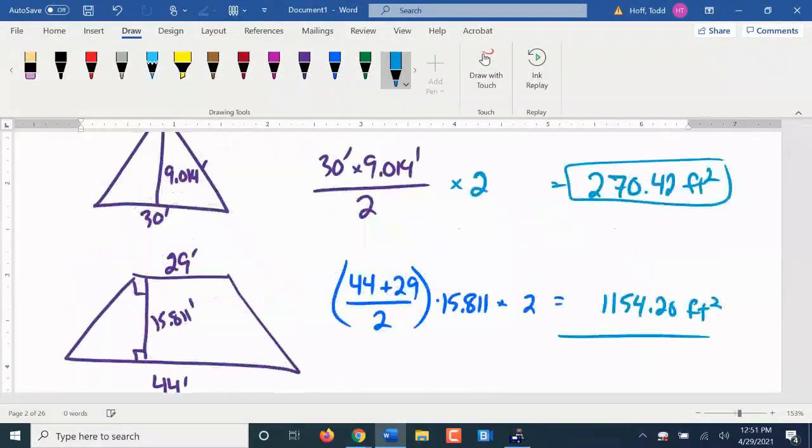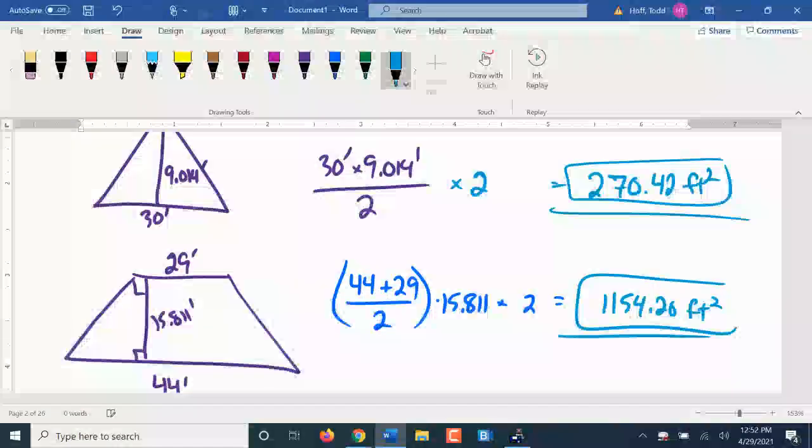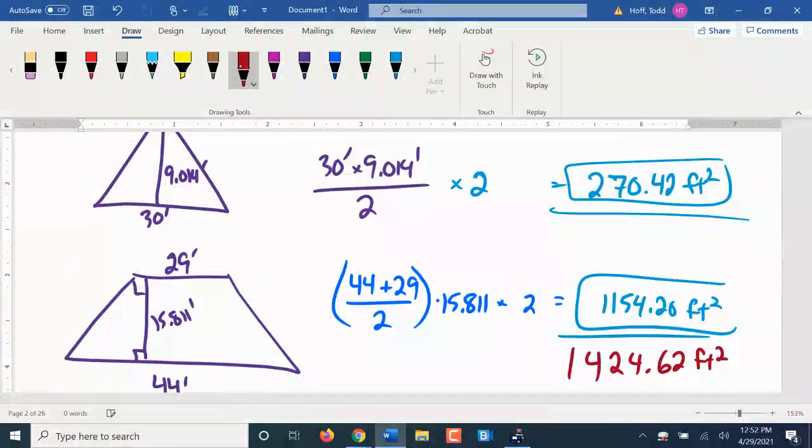So I add that to my 270, is 1,424.62 square feet for our total roof area.